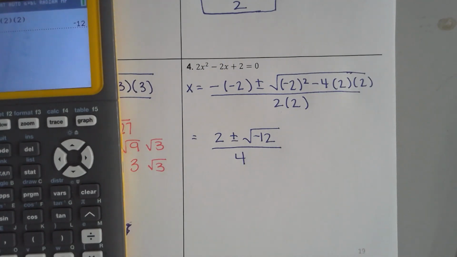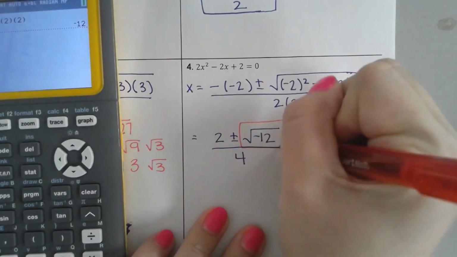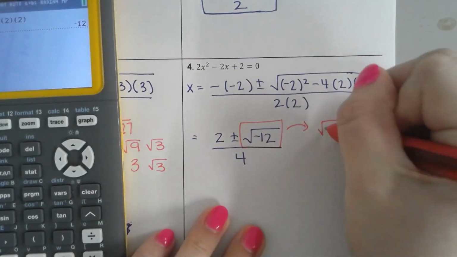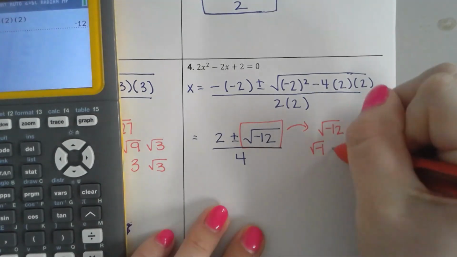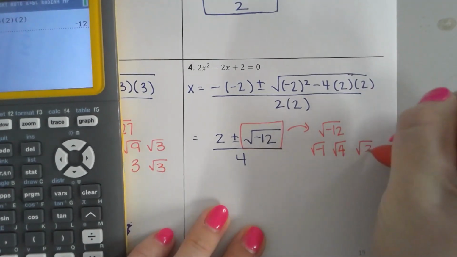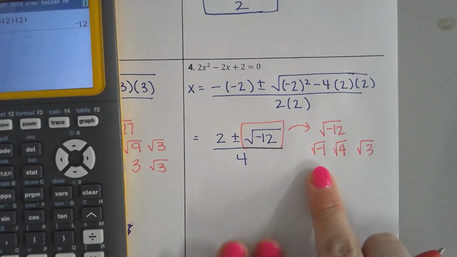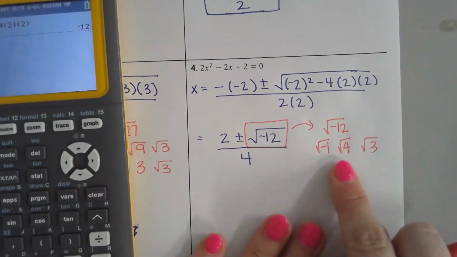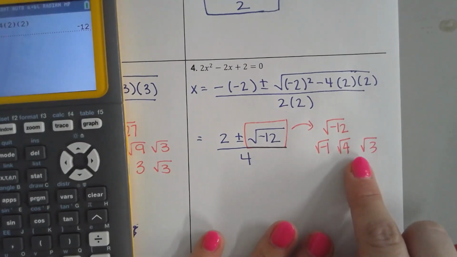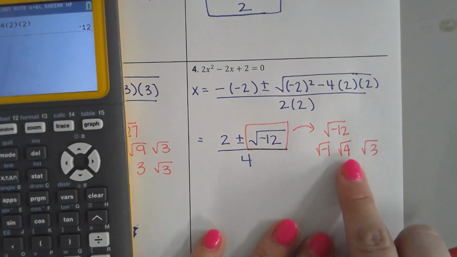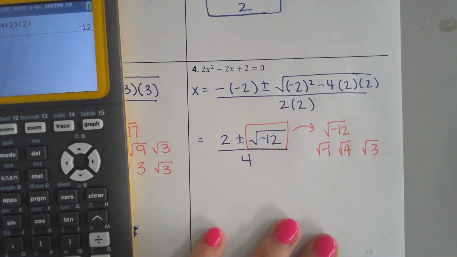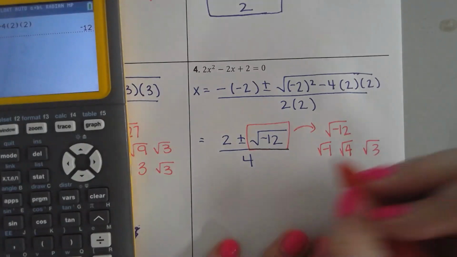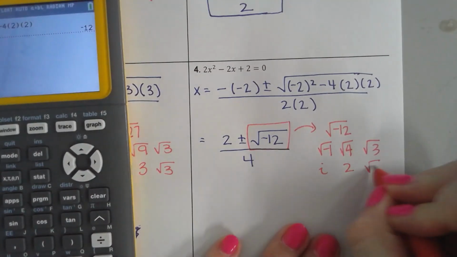You get 2 plus or minus the square root of -12 over 4. Take out the -1. I know that 4 is the largest perfect square that goes into 12. 4 times 3 is 12. This becomes an i, this becomes a 2, that stays square root of 3.